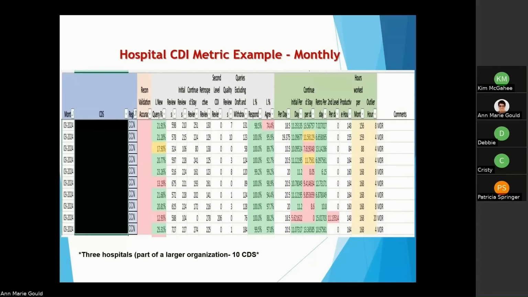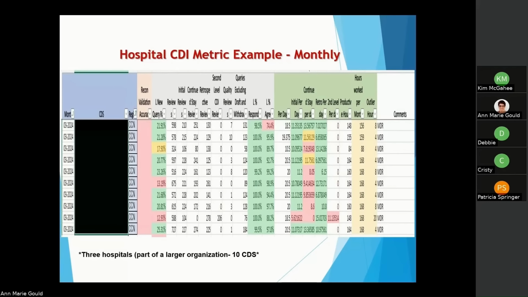And if they were in the yellow, they were like, okay, you're close, but you're not at that benchmark yet. So they're getting there. The pink, they were lower than the benchmark, so they have to improve that. As you can see, there were some pinks for initials and continued stays, so they looked at that. Their response rates from the queries, okay.